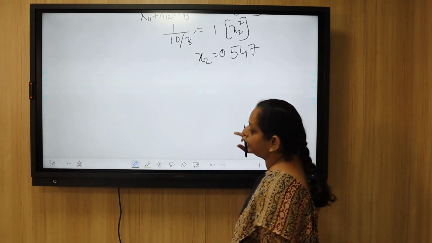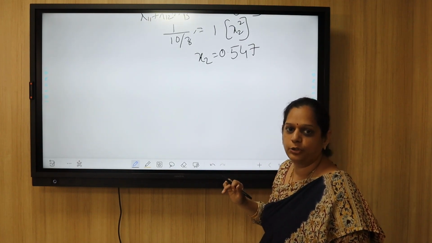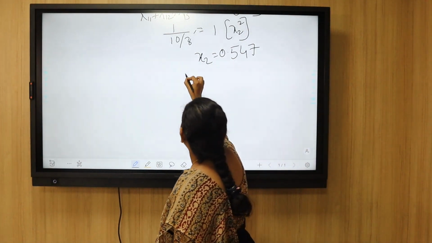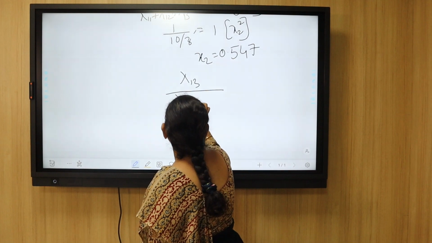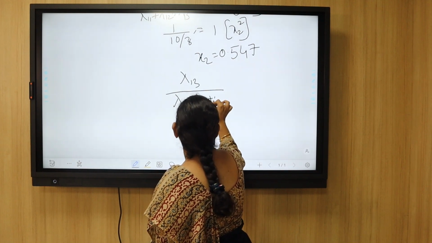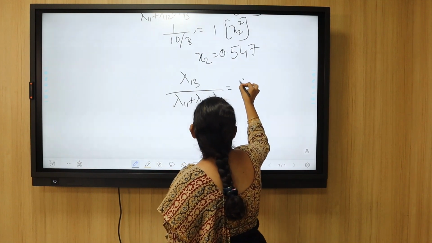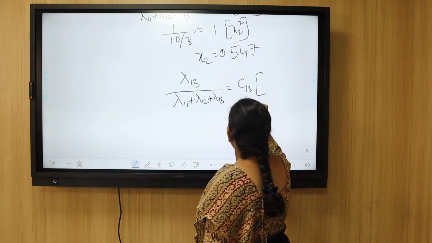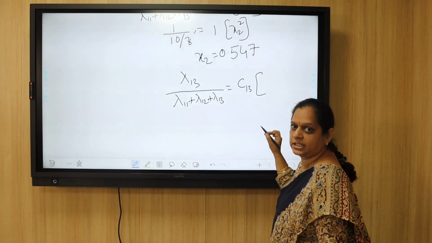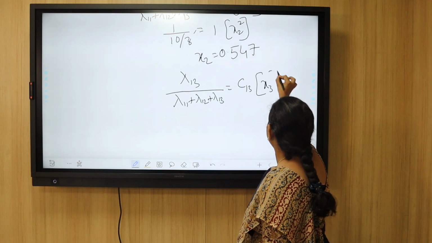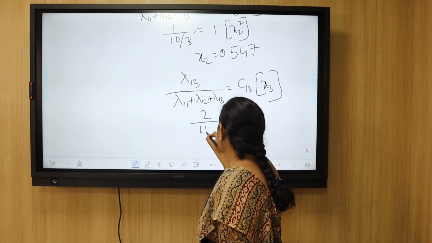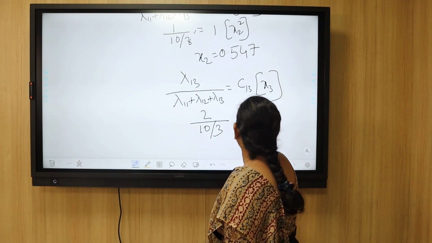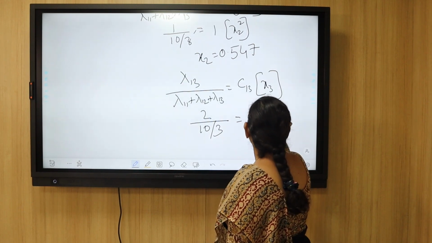Now we got the x1 value and x2 value. Now we will solve the x3 value. Lambda 13 by lambda 11 plus lambda 12 plus lambda 13 is C13 into x3. So lambda 13 we got as 2 by 10 by 3 equal to 1 into x3.